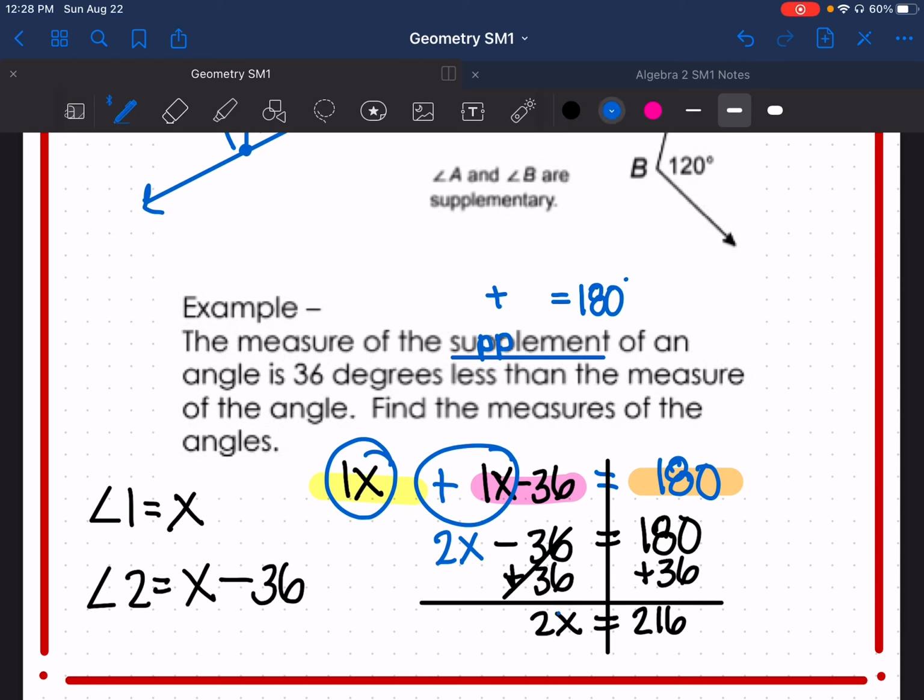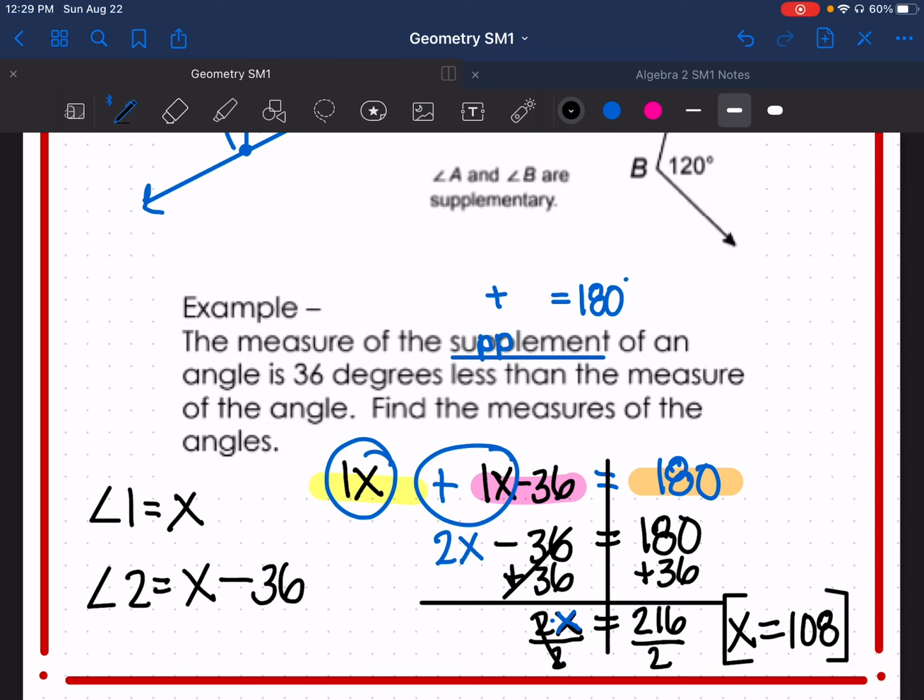I'm going to go back over here to the side where my x is. There's multiplication hiding there. I need to get rid of it by doing its inverse, which is division, because that's the opposite. Divide by 2, divide by 2, x equals 108. There we go.